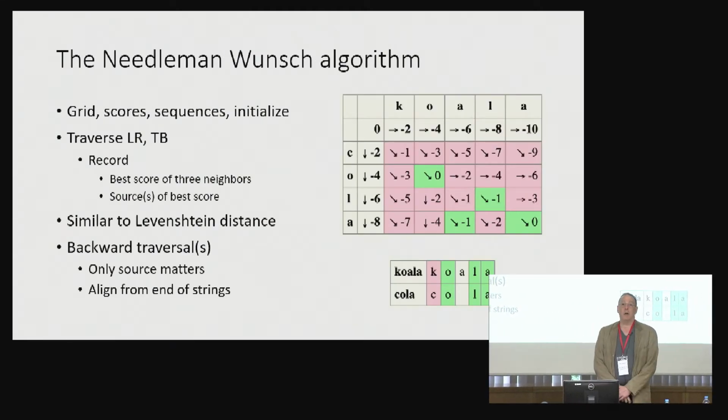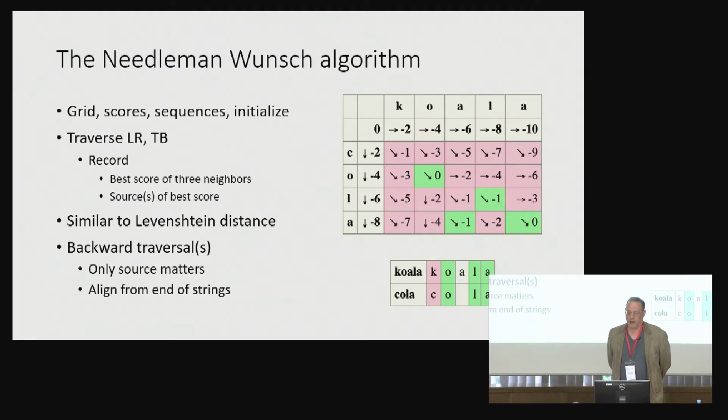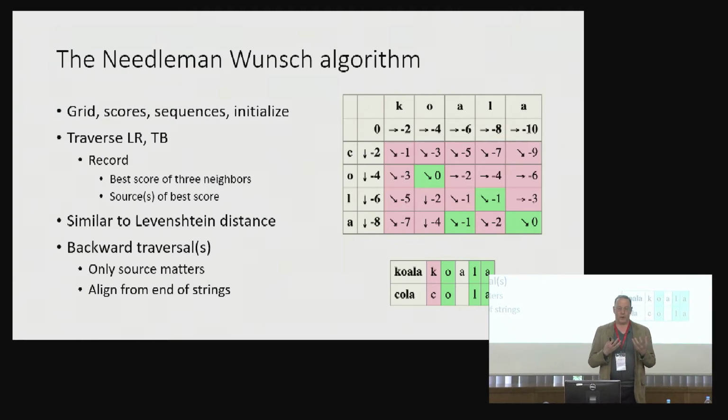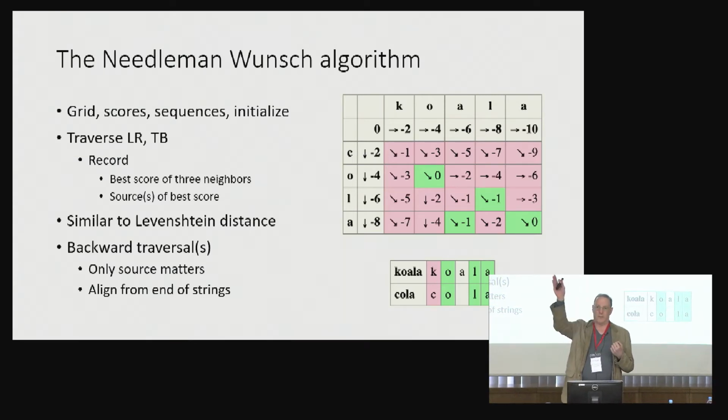The Needleman-Wunsch algorithm, which I'm going to walk through in a moment, traditionally has the following steps. In this diagram on the screen, I am aligning the word koala along the top with cola along the left. And the first thing I do is build a grid, and I write one of the sequences on the top, the other one down the left.